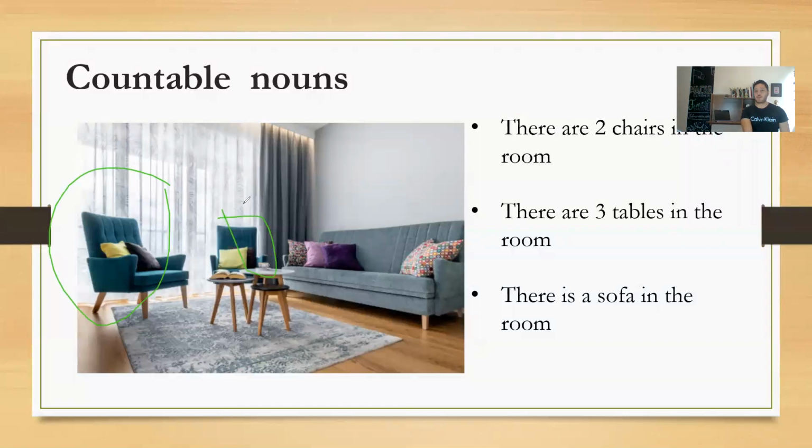In this picture, there are three tables, one table, two tables, three tables. And there is a sofa in the room. So these three elements are countable because we can say one chair or two chairs, three tables, and also one sofa.